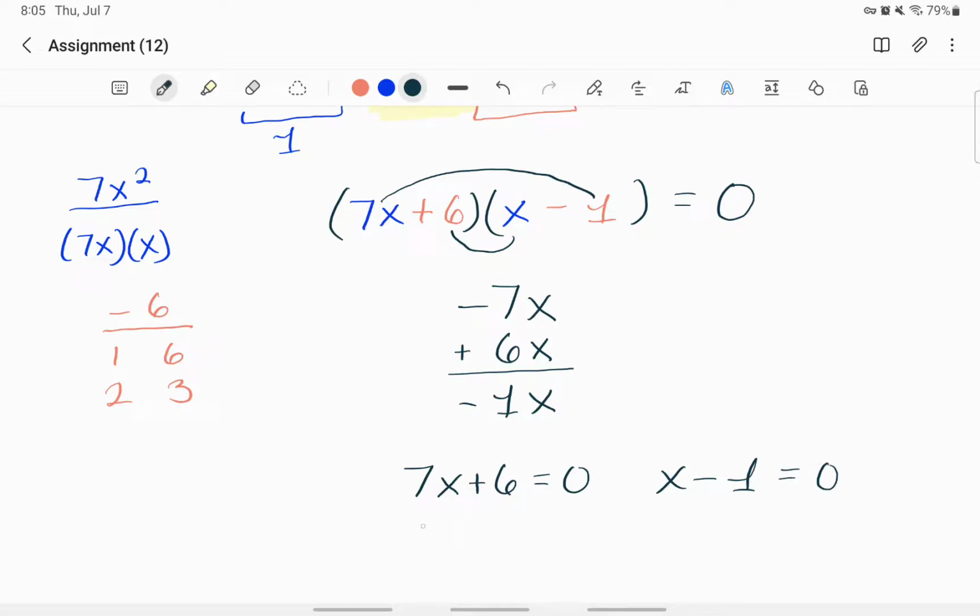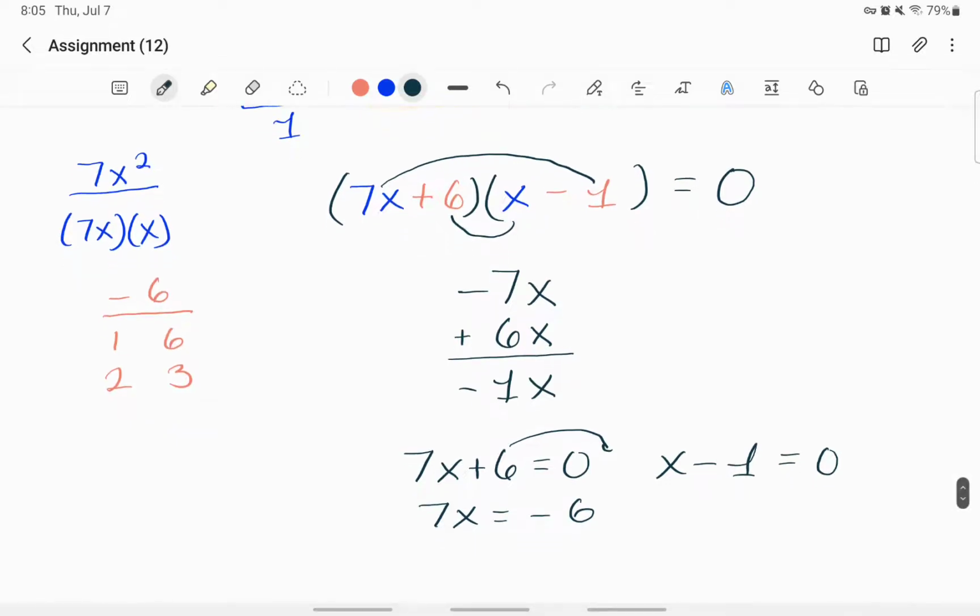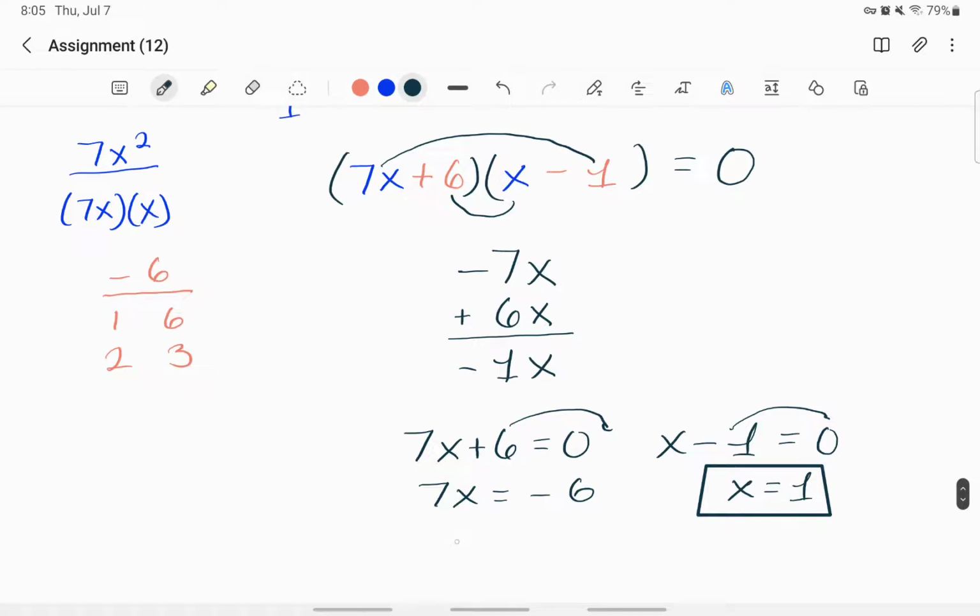For this one, 7x is going to equal negative 6. I'll move the 6 to the other side. Here, x is going to equal 1. It's by itself. And then my final answer, x is going to equal negative 6 over 7. That's because I divided both sides of my equation by 7 to get x by itself.